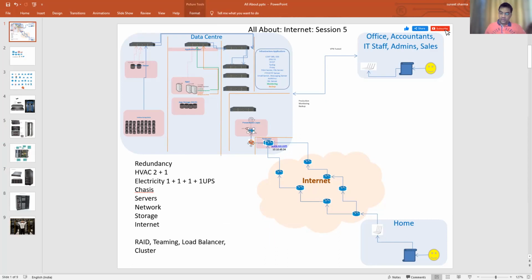We have to configure the load balancer, which will eventually provide connectivity to our servers from the outside world. But inside also we can have a load balancer for enterprise applications. So there might be multiple load balancers, but how the load balancer actually works and how the configuration looks is a very interesting part.